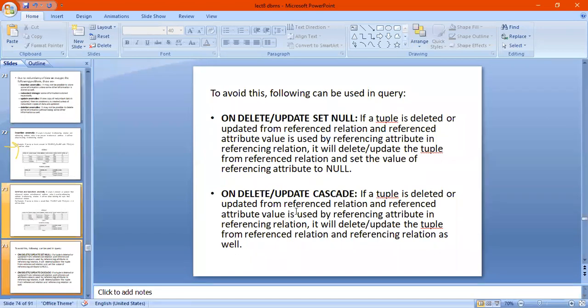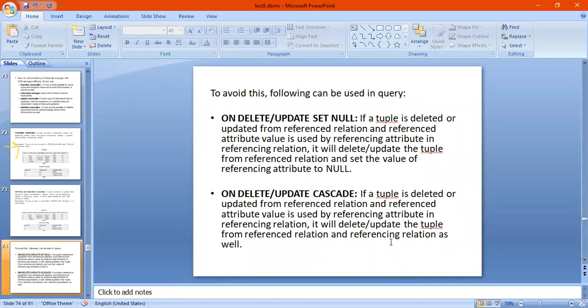Or on delete, update cascade: if a tuple is deleted or updated from the referenced relation and the referenced attribute value is used by the referencing attribute in the referencing relation, it will delete or update the tuple from the referenced relation and the referencing relation as well.